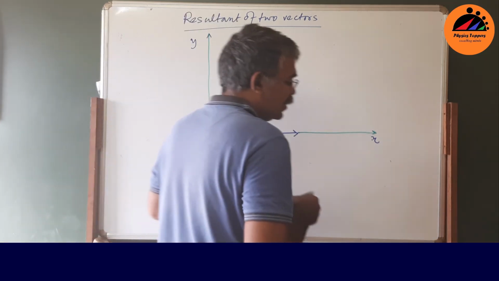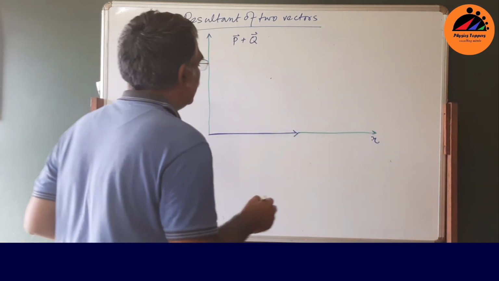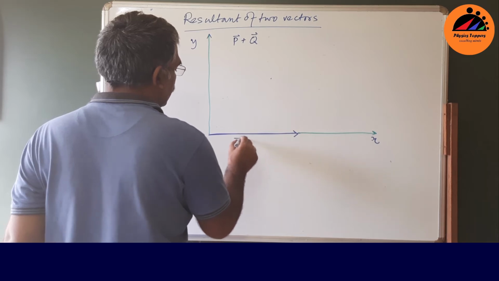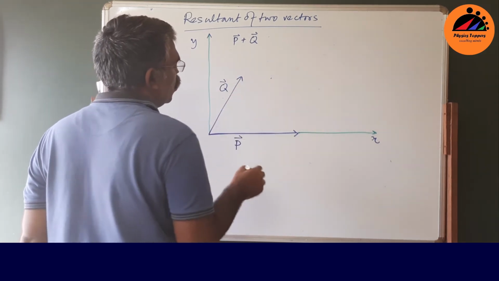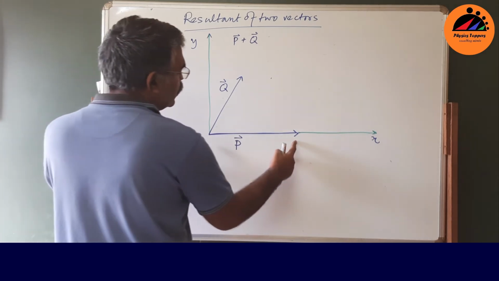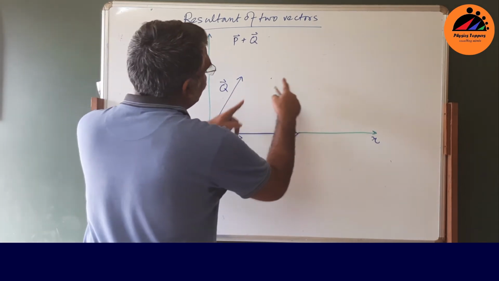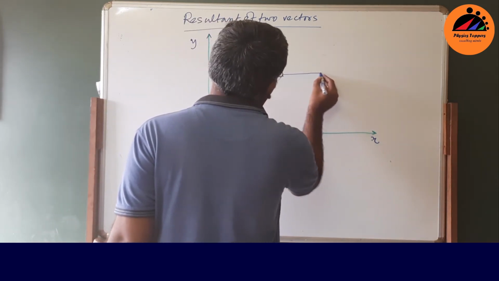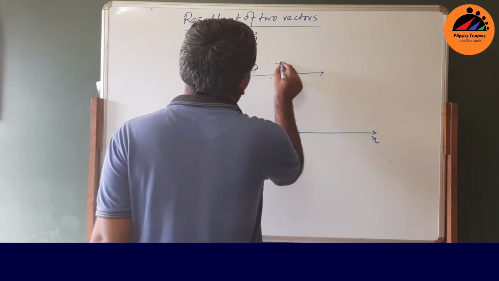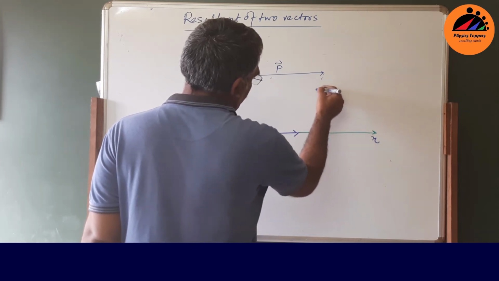So these axes are in green, and suppose this is p vector and suppose this is q vector. So what is p plus q? You just translate this p or this q, keeping it parallel to itself. So translate p, it's not a problem. So this is p, and just join this.